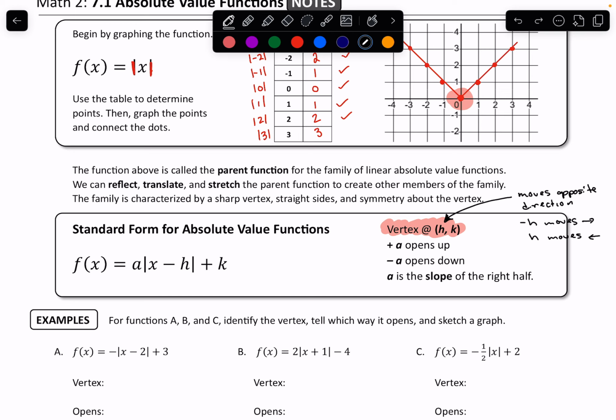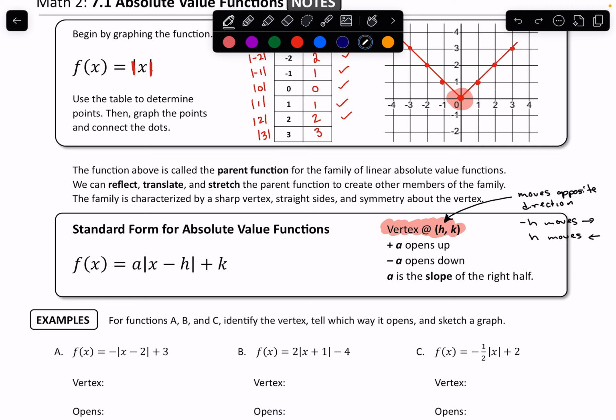Now, there doesn't necessarily have to be a letter there. For example, if there wasn't an h, then that just means my graph is not shifted to the left or the right. It stays right in the middle. If there was no k, if there was no number getting added on the outside of the absolute value function, then my graph is not shifted up or down at all.